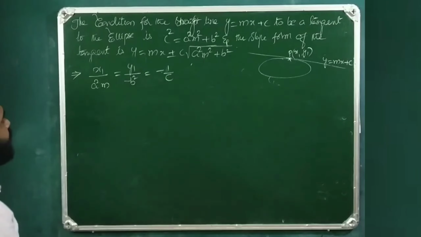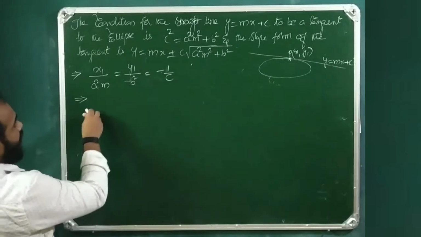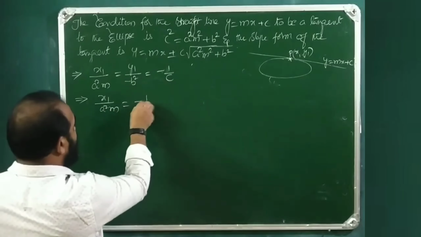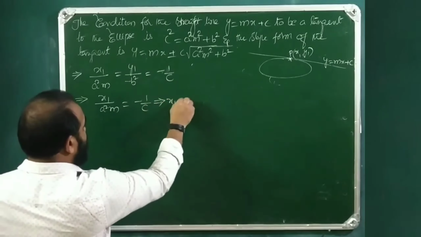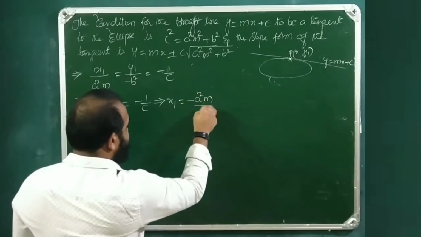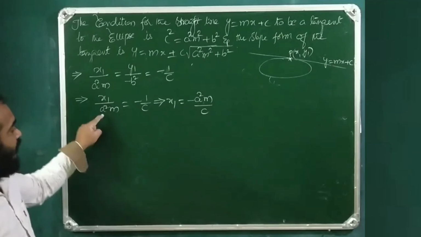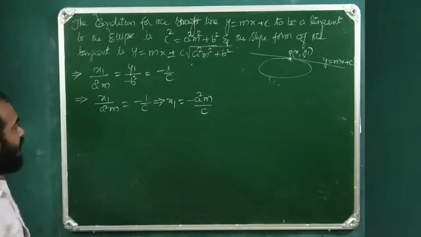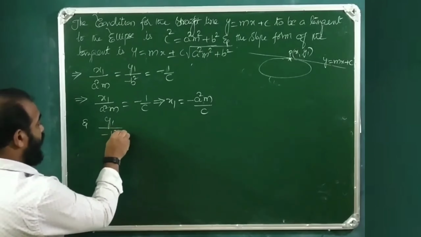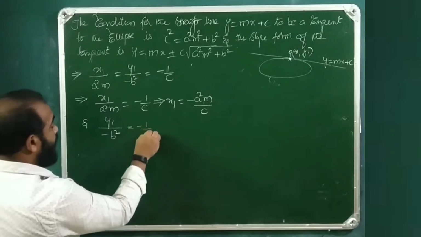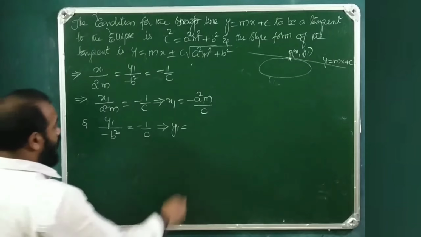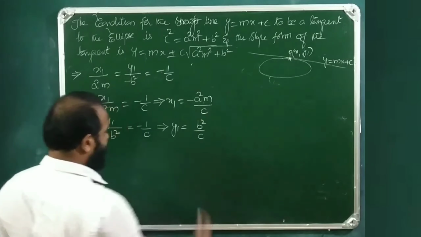So x1 by a square m is equal to minus 1 by c. From this, x1 is equal to minus a square m by c. And y1 by minus b square is equal to minus 1 by c, so y1 is equal to b square by c.